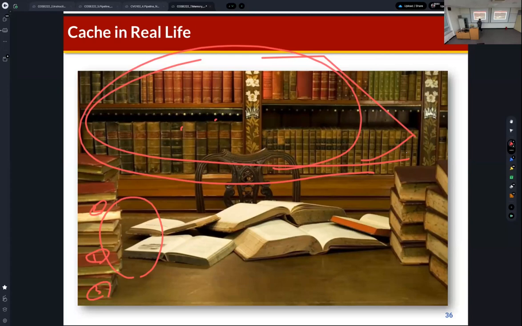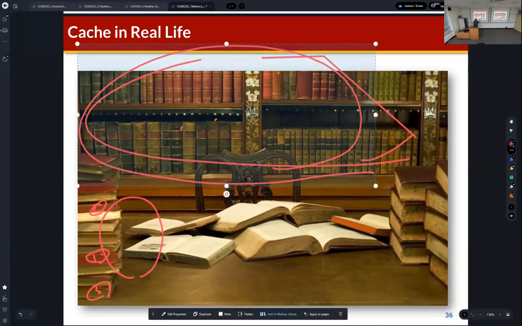So actually we pick books 1 to 3 from the bookshelf and place these books on the desk, because we know we will read these books in the near future. Then we just focus on a smaller number of books. We will not read the entire bookshelf.